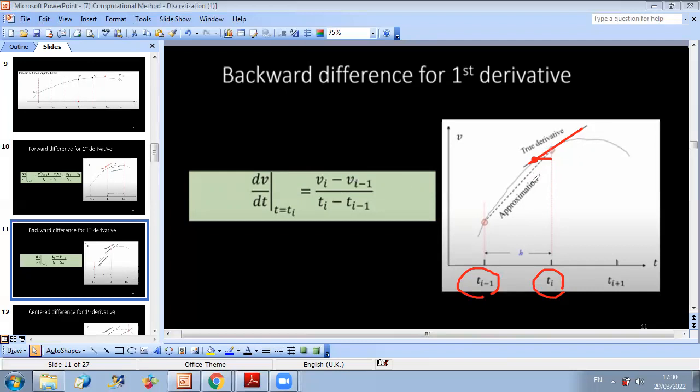So this is point i, this is point i plus 1. By joining these 2 points, I just say that the slope of this line is delta v over delta t. So it's v minus vi plus 1 over ti minus 1.